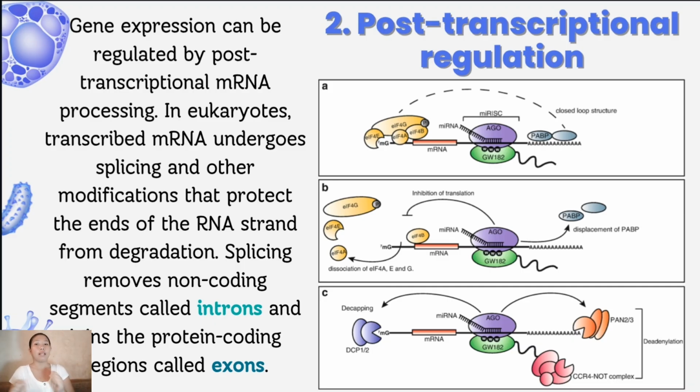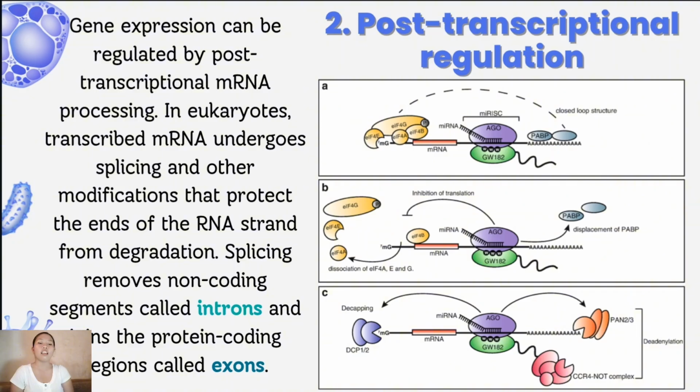This involves splicing, where non-coding regions called introns are removed and coding regions called exons are joined together. This stage also includes adding a protective cap and tail to ensure the mRNA survives its journey to the ribosome. After mRNA is made but before it is used for translation, this post-transcriptional regulation happens.